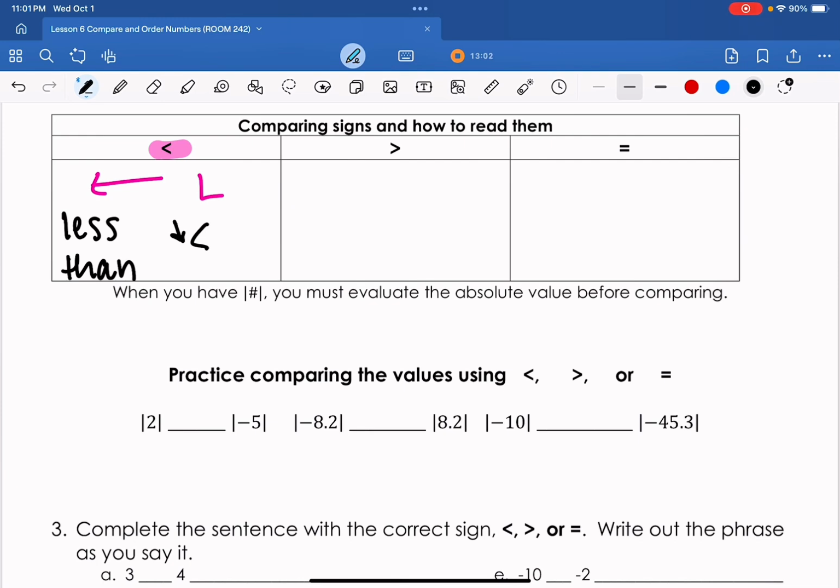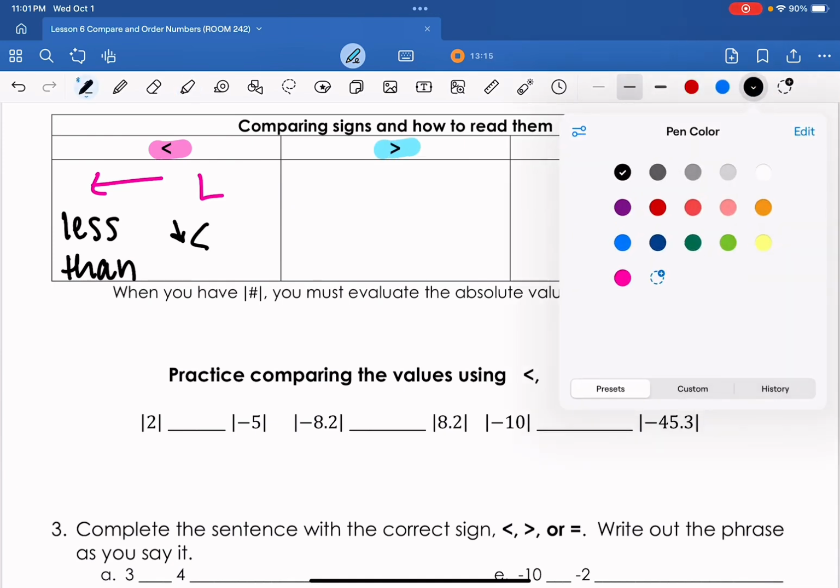And then over here, let's do blue. Okay, so now this sign is pointed to the right.